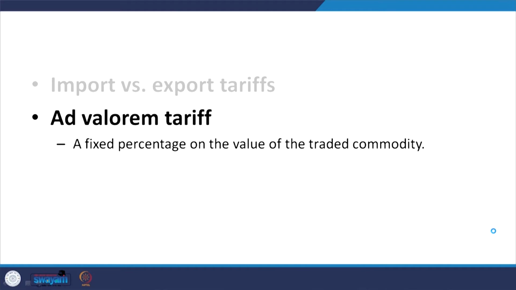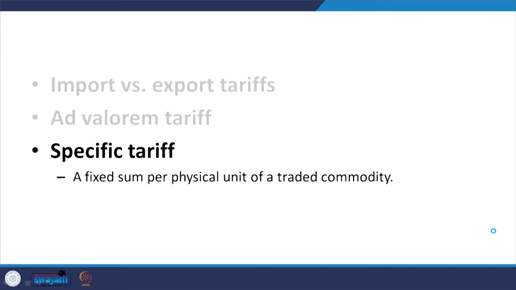So, there are broadly different types of tariff. First category is ad valorem. It is basically a proportionate change in the value of the product, and the tax amount increases or decreases accordingly. Second one is specific: no matter what the value we are importing, a specific sum amount will be imposed.